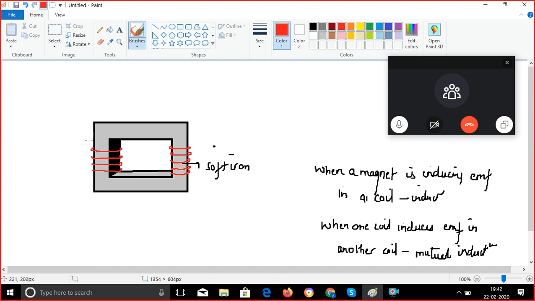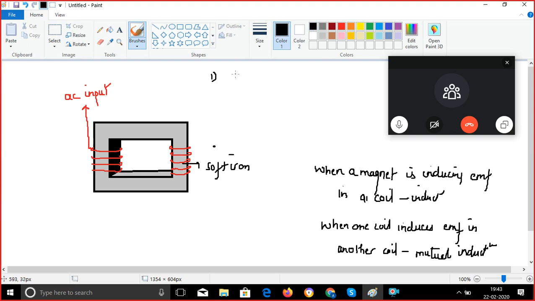Now what happens is, one end is connected to an AC input. The first thing I have to clear is, what is a transformer? It's a device that can change the potential difference or voltage of an alternating current. There are basically two types of transformer.